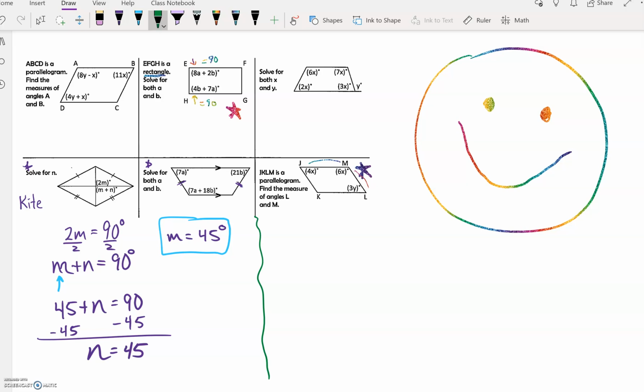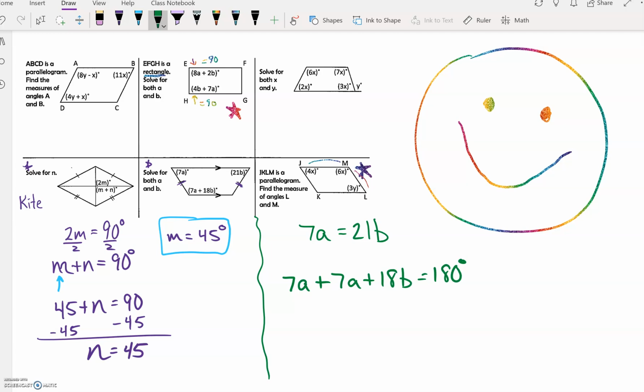So one of our relationships is we know that 7a is going to be equal to 21b. All right, that's going to be one of our equations. Perfect. The other equation is going to be 7a plus 7a plus 18b is equal to 180 degrees.